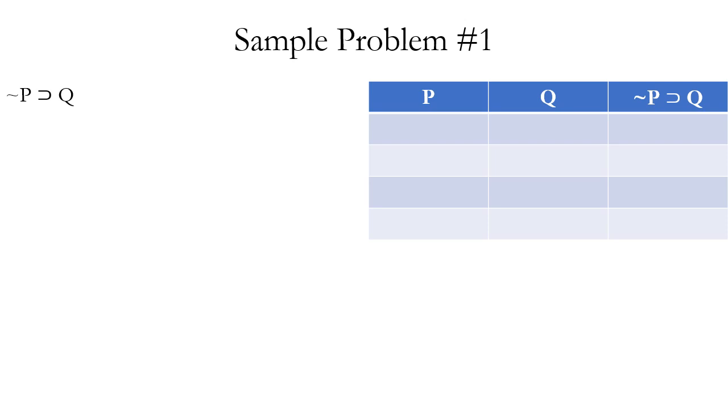So let's start with the leftmost column under P. Under P, we have to have 2 T's followed by 2 F's. Then under Q, we can alternate T and F. The rule is we start with half the rows under the leftmost column true before switching to false.